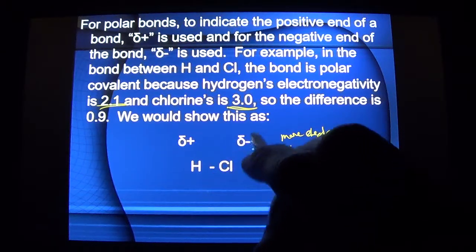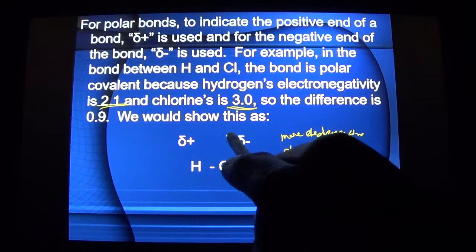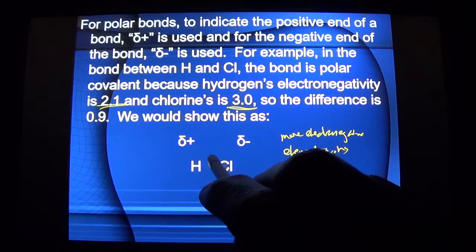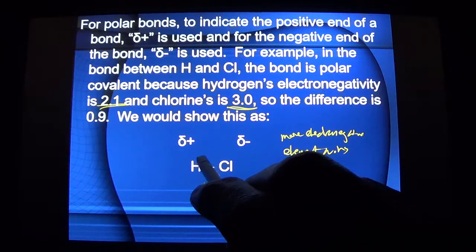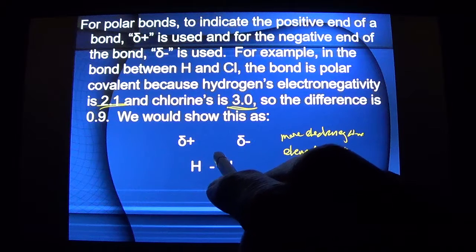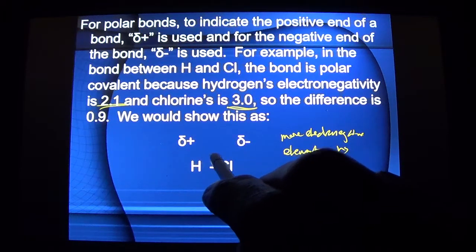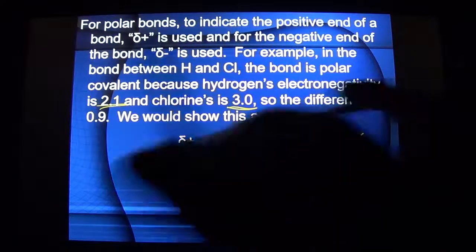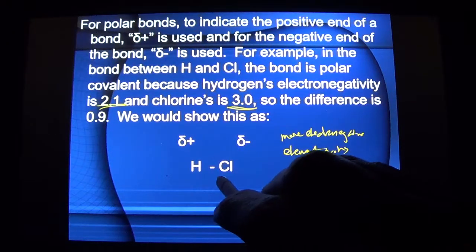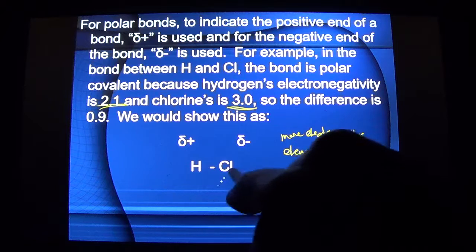And this is going to be important for us to know what we mean by a polar compound when we get near the end of the notes and we start discussing what happens if we get a lot of polar compounds together. So I'm trying to set you up with a good foundation of understanding polar compounds.